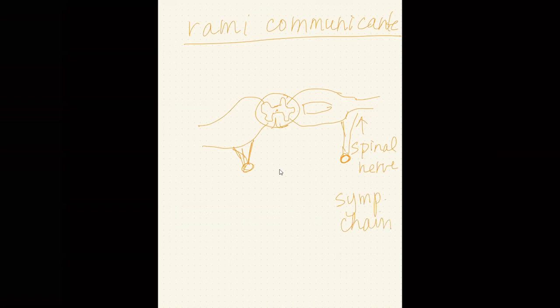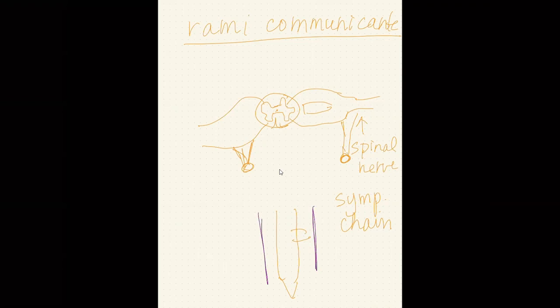So if you looked at a body that's laying flat, and this is the spinal cord, and these are the spinal nerves coming off, the sympathetic chain runs alongside it, on both sides.